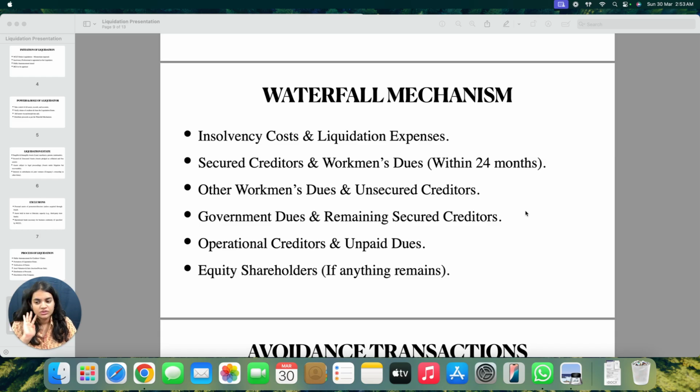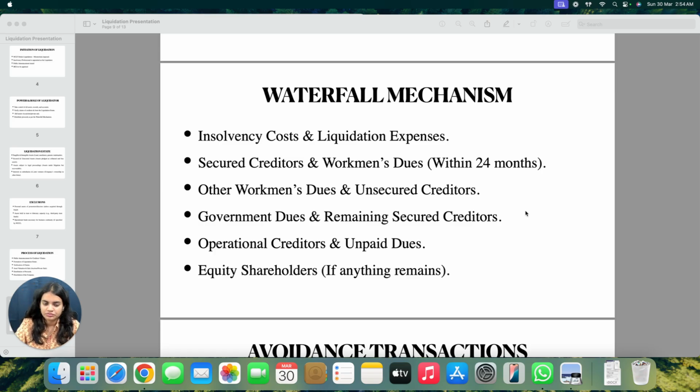If the secured creditor also subsequently fails to sell, then that asset will come under the liquidation estate again. It will be considered relinquished into the liquidation estate. So that secured creditor who has not managed to realize any such values will be considered as a secured creditor and will stand second in line, not as a remaining secured creditor.